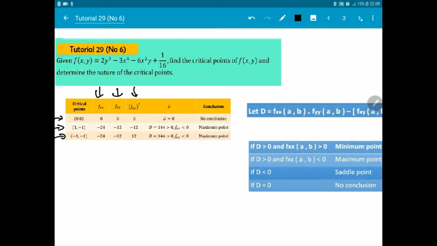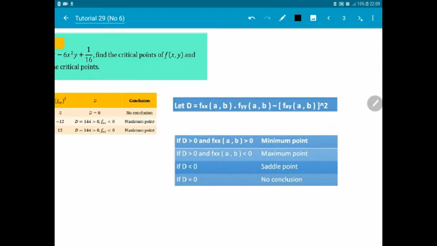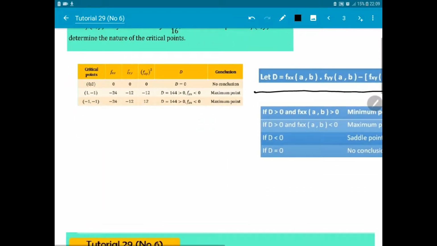After we find the values of fxx, fyy, and fxy squared, we have to substitute them following this formula to determine D. It refers to this formula, we need to multiply these terms and minus like this.